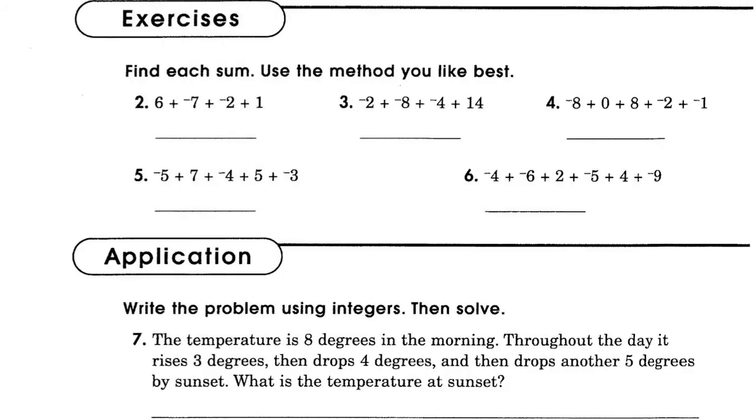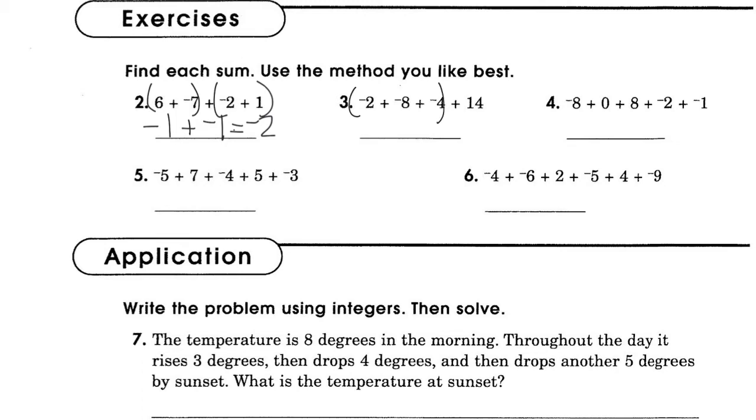All right, you have problems 2 through 6. It says find the sum, use any method you like best. So you get to choose what method you use. Now, on this one, if I grouped them up, I would get a negative 1 plus a negative 1, which equals negative 2. Or I could do all my negatives and then my positive.